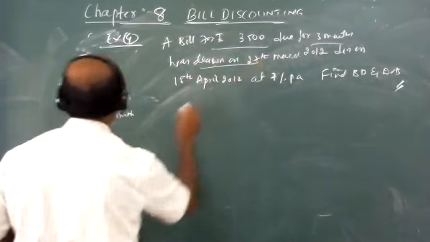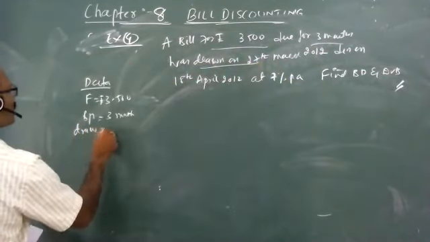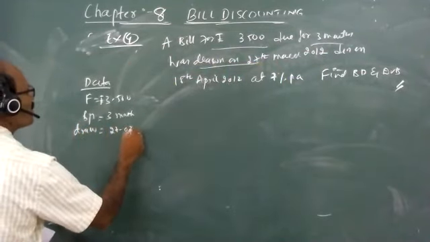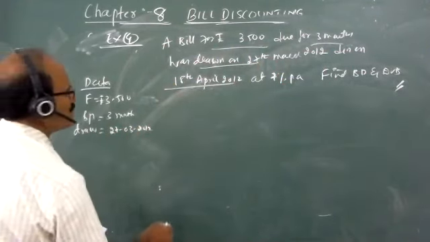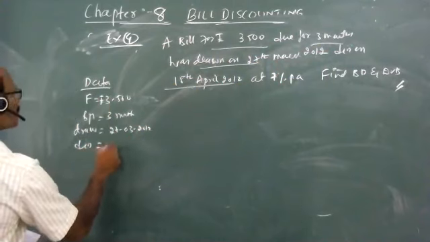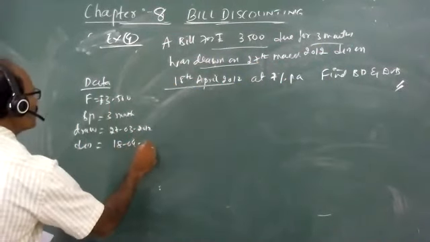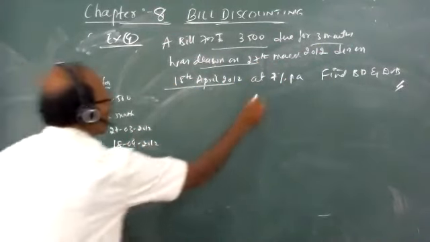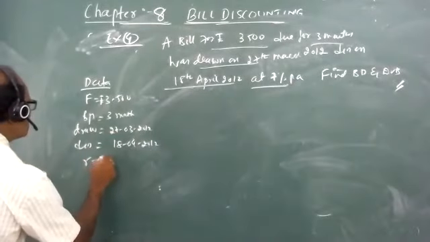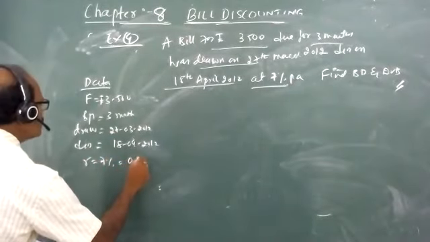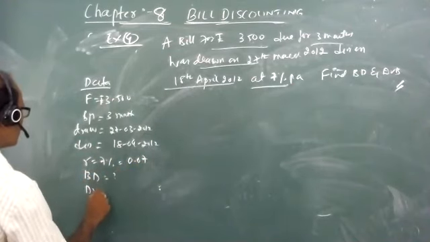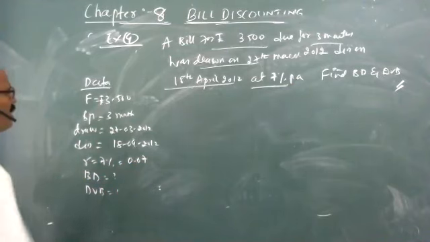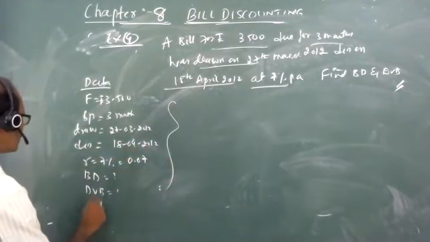The draw date is given: draw is equal to 27/3/2012. Again, given discount date: discount is equal to 18 April 2012, and R is given. R is equal to 7%, that is 0.07. BD and discount value. For this, we want to calculate T.